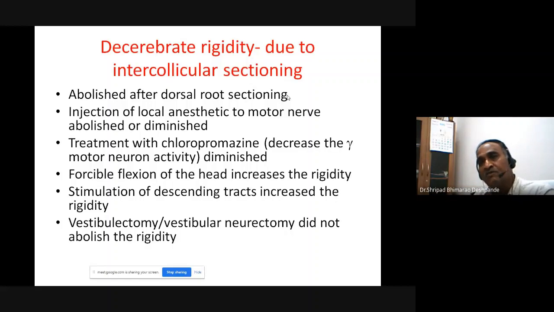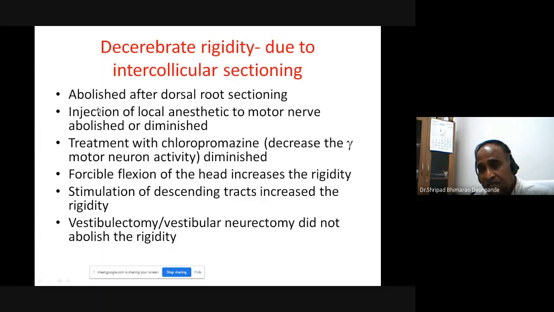Why do they have the increased activity? Because they receive increased gamma motor efferents. Because of the increased gamma traffic, the intrafusal drive is increased, and the Ia discharge is increased. Once you cut the dorsal root, the discharge is not there, so the reflex is abolished. That means rigidity is lost. So that is gamma mediated.